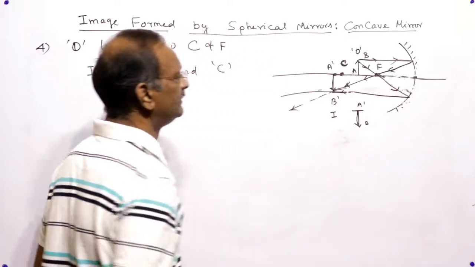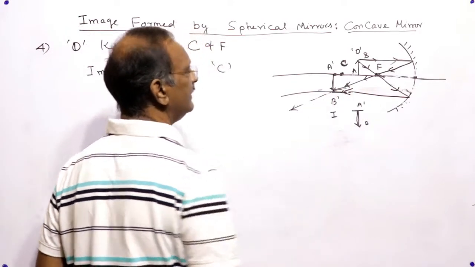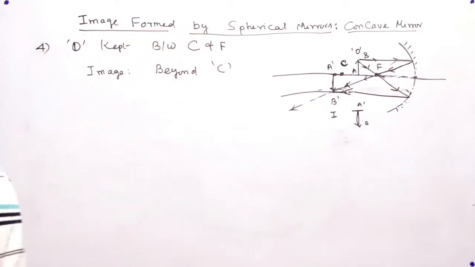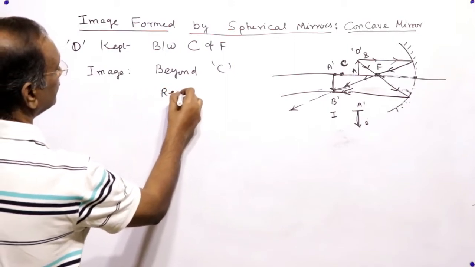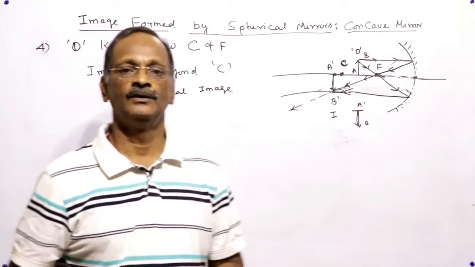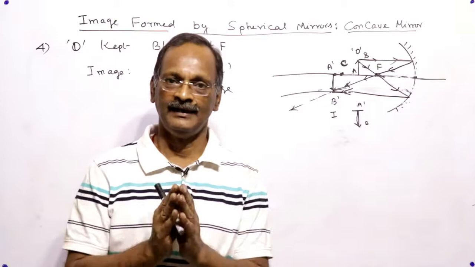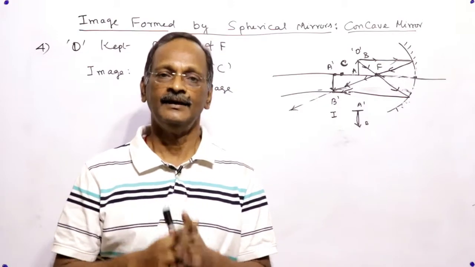And what is the nature of the image? Since the rays converge after reflection and intersect, it will be a real image. A real image is always inverted.